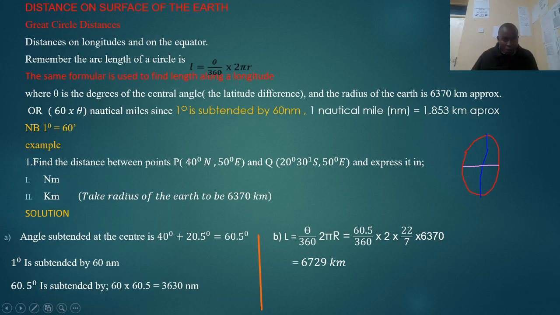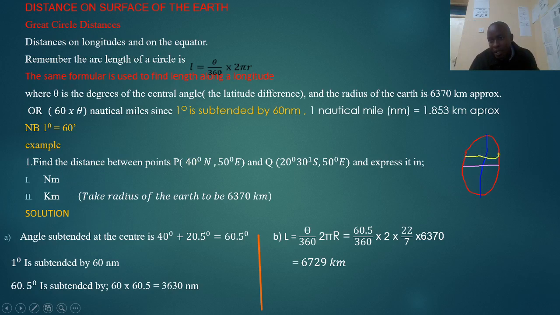If we start with point P, we need to locate point P, 40 degrees north and 50 degrees east. We need to locate where that point is. You come here and locate 40 degrees north. It must be above the equator, so we can have it here.